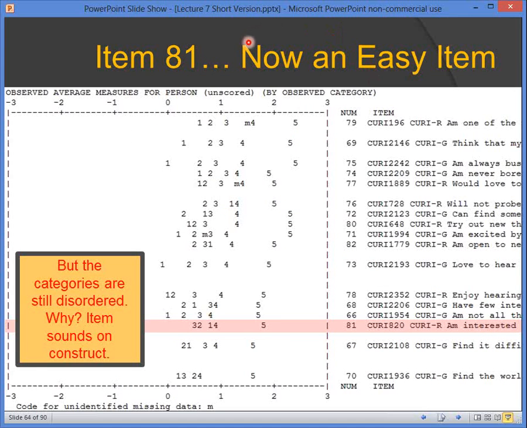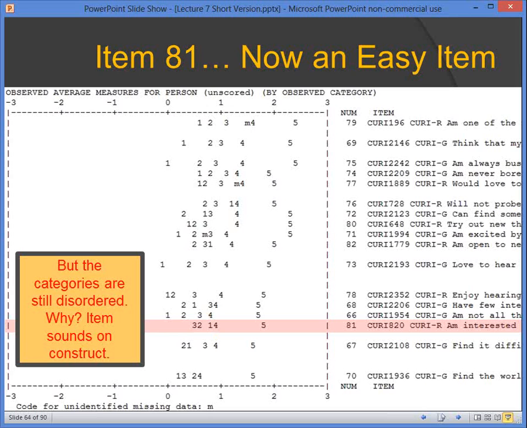So this time when you pop up the empirical item categories table and find item 81, I'm interested in many things, you'll see that it is now an easy item. This is one of the first items that people tend to endorse in the item hierarchy. Looking at the different levels of the Likert type item, we still see a problem.